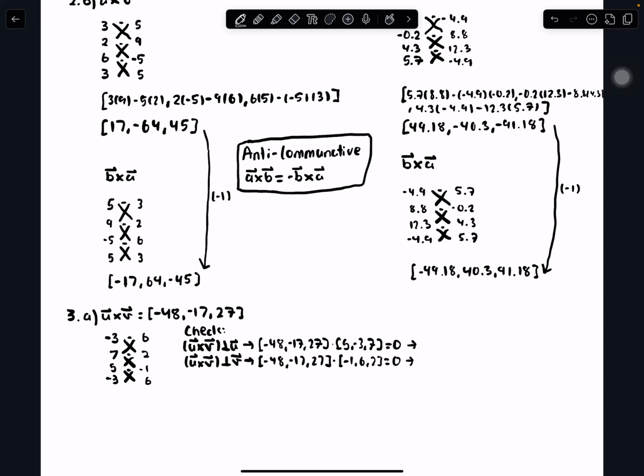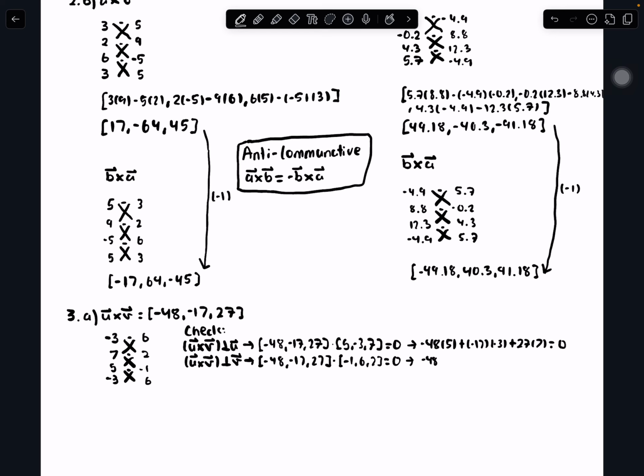We get -48 times 5 plus negative 17 times negative 3 plus 27 times 7. So component-wise multiplication and then add. And the answer is 0.